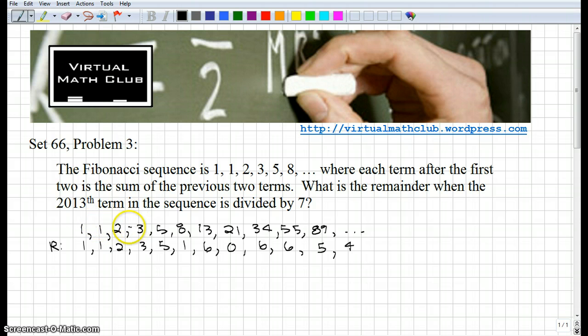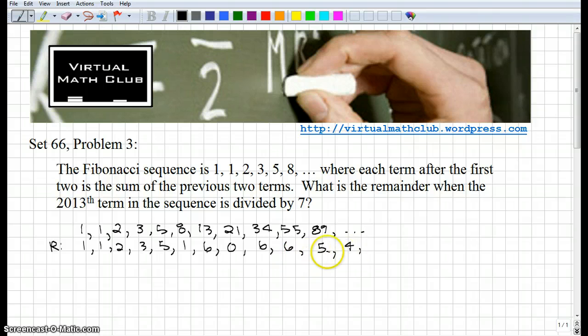You figure that the remainders are something between 0 and 6. For example, 13 has a remainder of 6, and 21 has a remainder of 0. When we add 13 and 21 together, the remainder is going to be 6. So it makes sense that the remainders are a pseudo Fibonacci series, which resets itself once it gets bigger than 7, or bigger than 6.